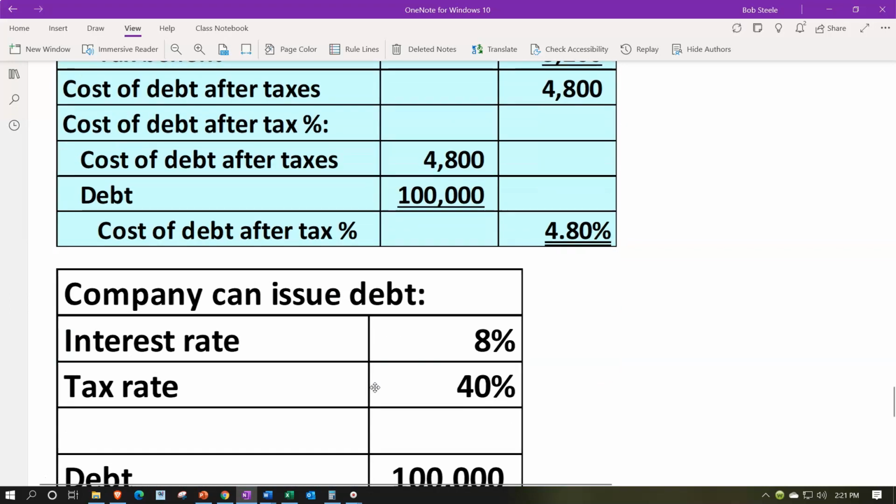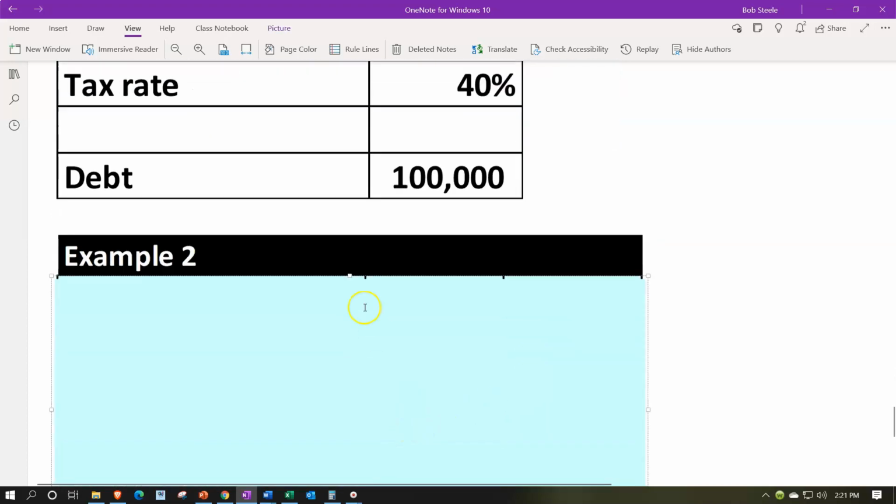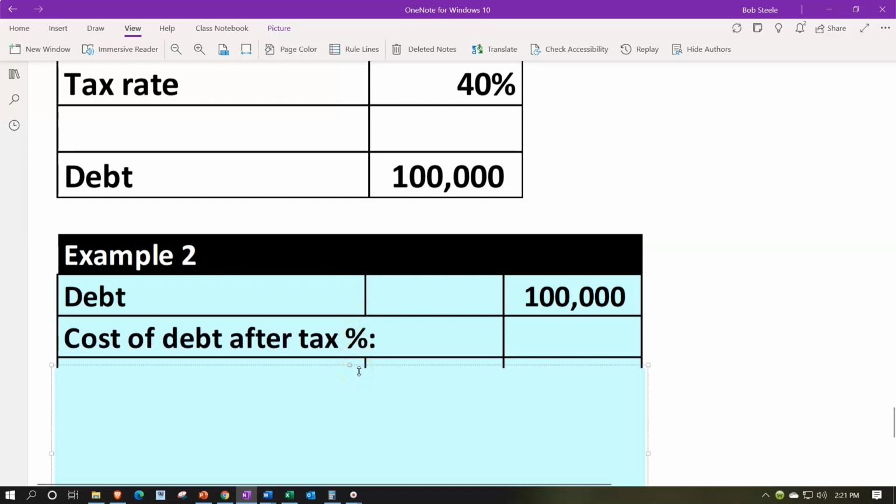So we can do that a little bit more quickly now. Let's try to get to this number, the 4,800, by using our quick calculation of the actual cost after taxes, percent calculation. So now we take the debt, the 100,000, and pick up our cost of debt after taxes. This is the part you want to memorize, the formula you want to know.